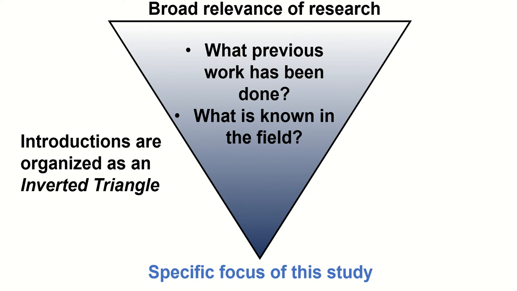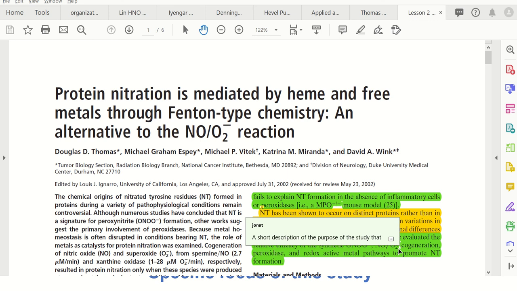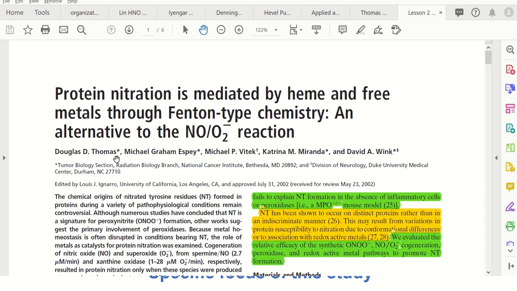Okay, so as an example, we're going to look at this paper by Thomas and co-workers. This is called Protein Nitration is Mediated by Heme and Free Metals through Fenton-type Chemistry, an alternative to the nitric oxide superoxide reaction.